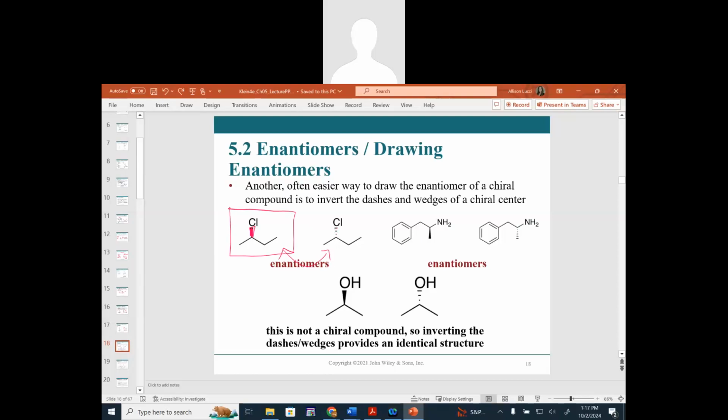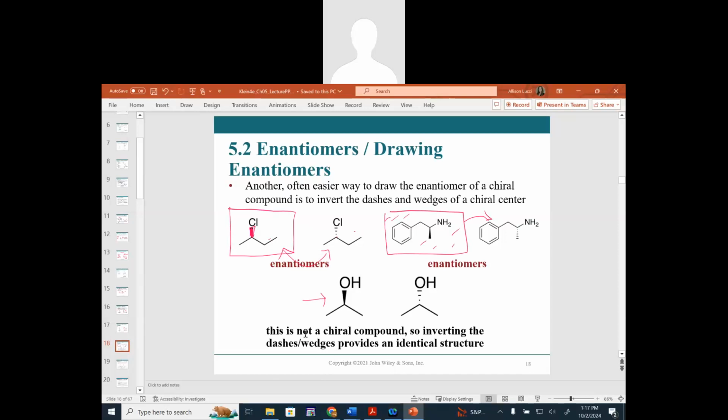So the only thing that changes when we draw the enantiomer using a mirror behind will be to place anything on a wedge on a dash. Right? So that's where we have our enantiomers there. And like so, this is also a reflection. If the mirror was behind this molecule, we would end up with this enantiomer, and again down here.